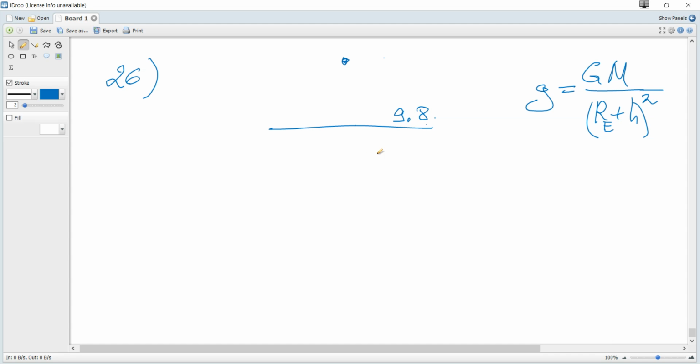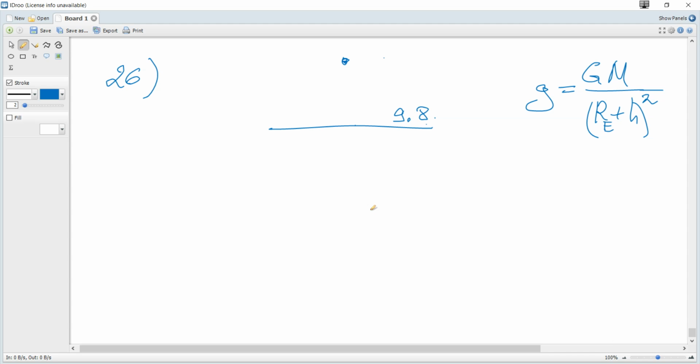So to use this 9.8 above the surface of the Earth is option A, a paradigm shift in our understanding of gravity. No, definitely not. It's an assumption, not a prediction. Paradigm shift. B, an attempt to model the gravitational field. No. C, an outcome from a peer review.